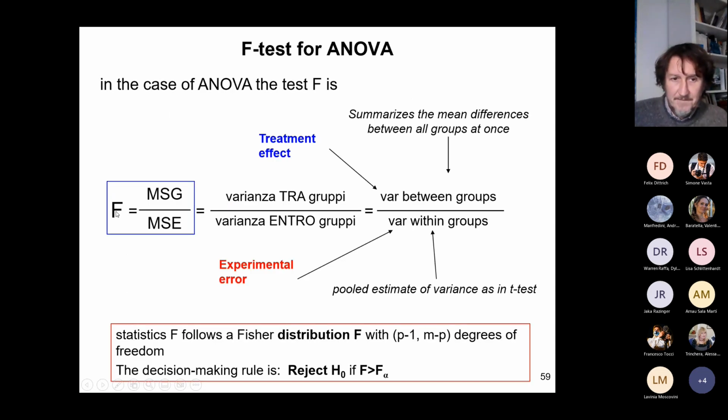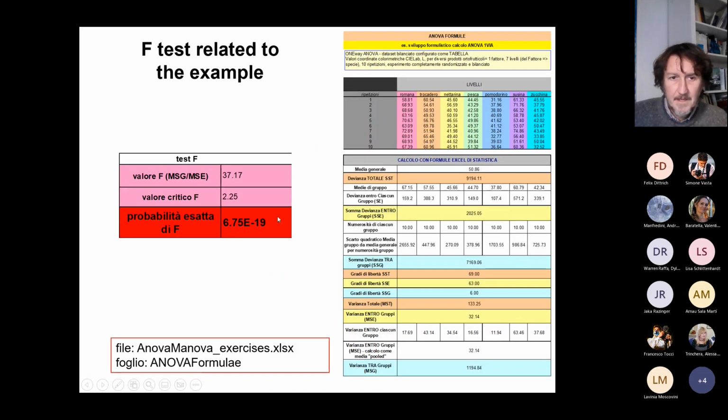We have F, the variance between groups versus the variance within groups. Signal against noise. These are the values of the test, this is the critical value, and the probability is this one.